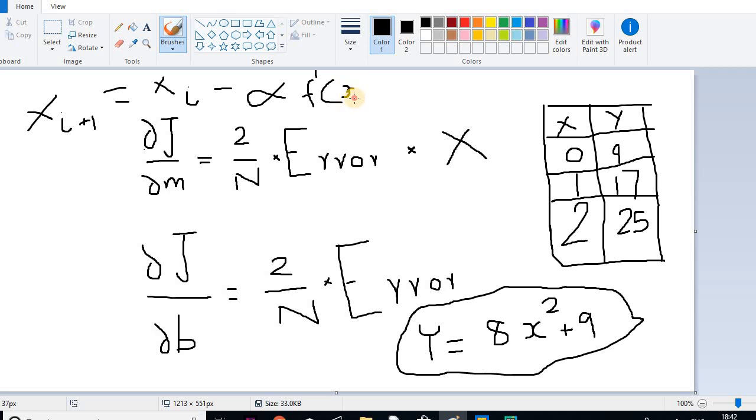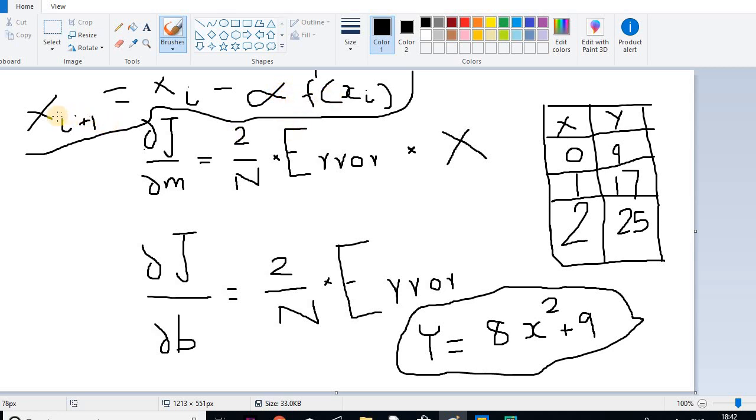Please watch the previous videos, where everything is clearly mentioned. This is the formula we use for gradient descent. We derived this equation in the previous videos: alpha is the learning rate, alpha into f dash x i.